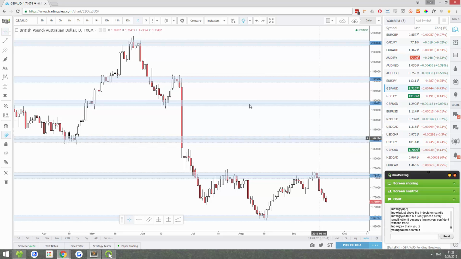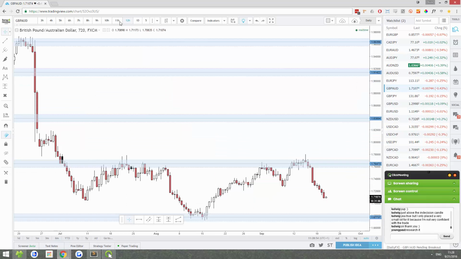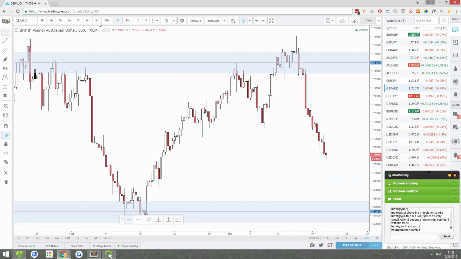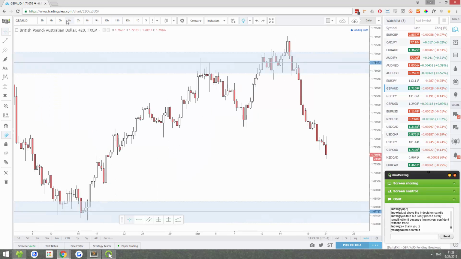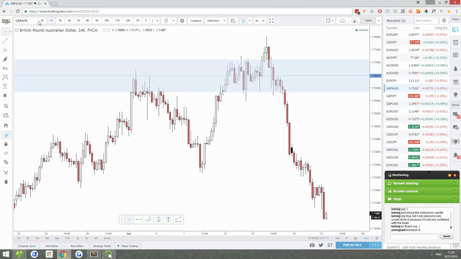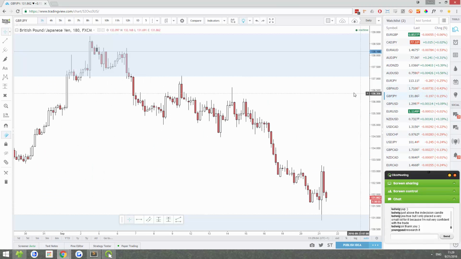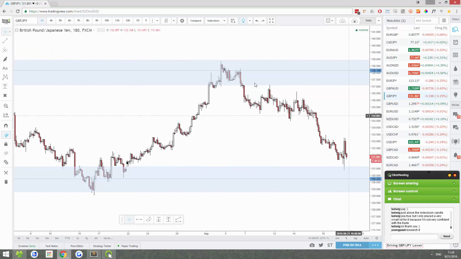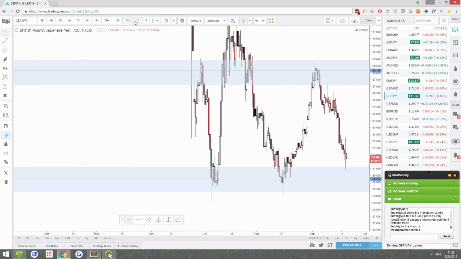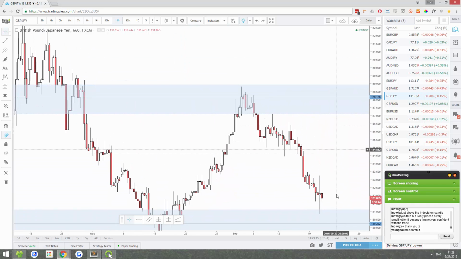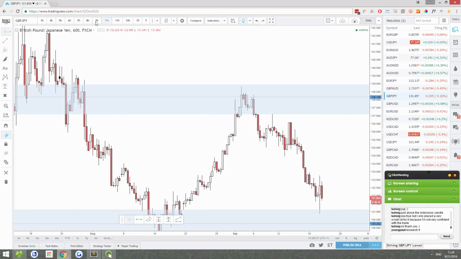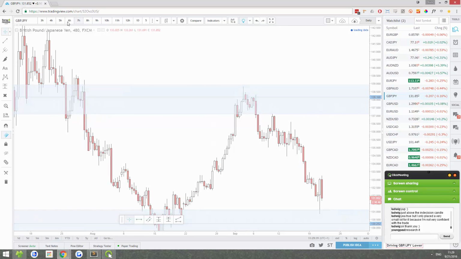GBP AUD. Yeah, nothing much forming on those pairs either. GBP JPY, nothing happening. The JPY pairs, we're not going to see any potential trades on the JPY pairs today, just because of yesterday's big spikes. It's pretty much invalidated any potential setup.